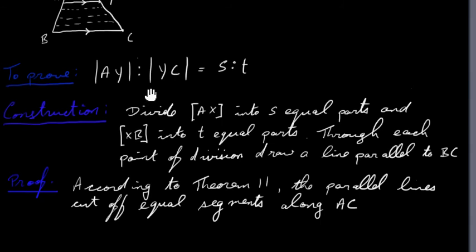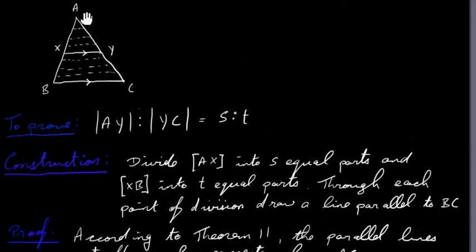So what does that mean? What we did here was we cut off equal segments down along here from A to X and equal segments from X to B. But according to Theorem 11, because we've drawn parallel lines along here, these lines also cut off equal segments along AY and YC.